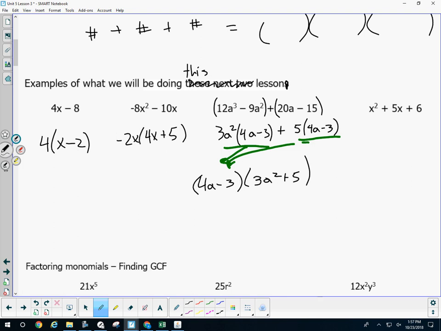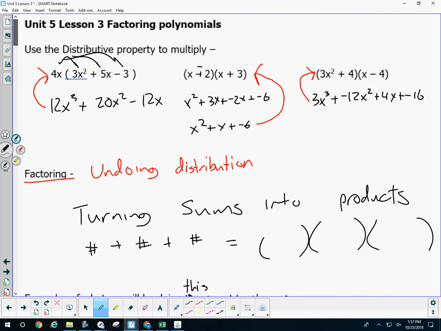My third example. When I multiply something like this together, my finished product was taking these two numbers and adding them together to get a positive 1, and taking these two numbers and multiplying them together to get the negative 6.